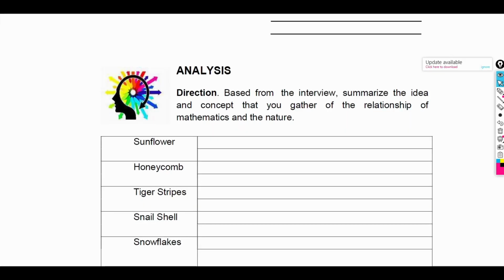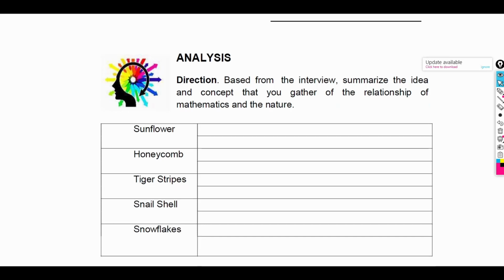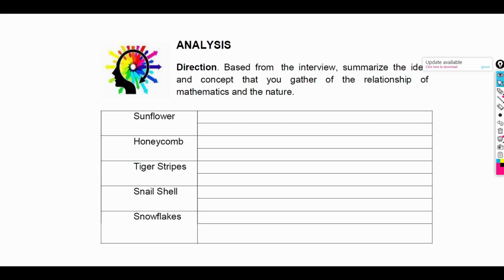So you'll make the analysis by summarizing it and filling this up in these boxes, for sunflower, the honeycomb, the tiger stripes, snail shell, snowflakes.